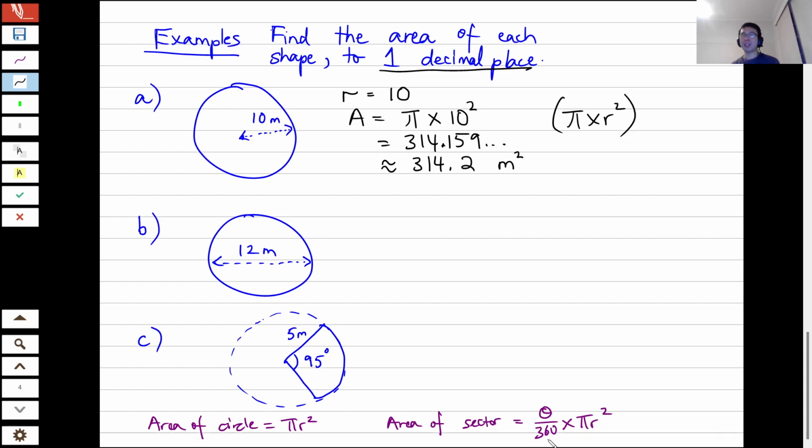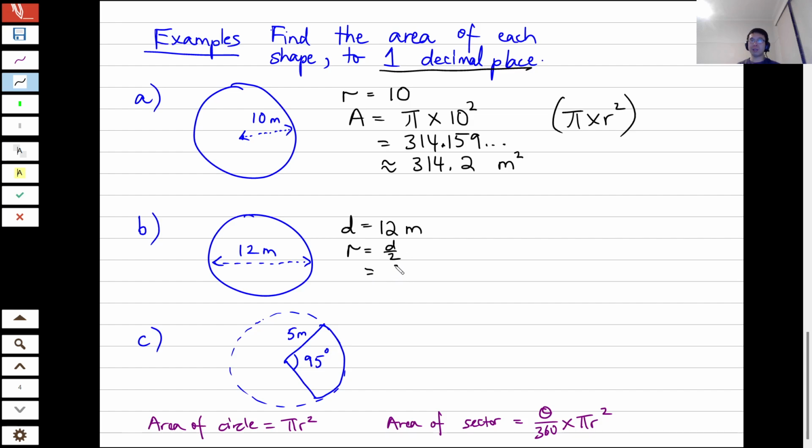Okay, second example. Here, we do not have the radius. We have what's called the diameter, which is double the radius. To get the radius from the diameter, I need to divide it by 2.